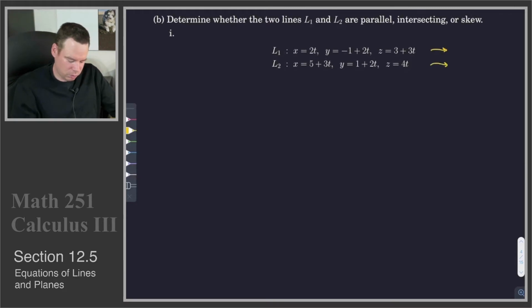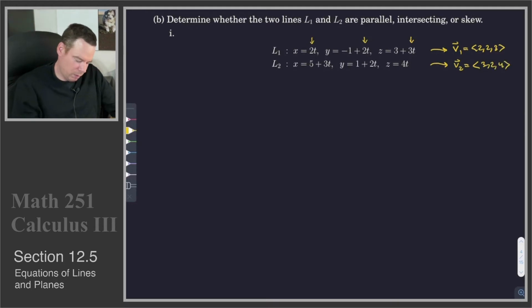So what I'll do is I'll just read off the direction vector from each of these equations. The direction vector for the first line is, we just look at the coefficients of t. That's going to be 2, 2, 3. So that's the direction the first line is going in. Our second line, it's going in the direction 3, 2, and 4.